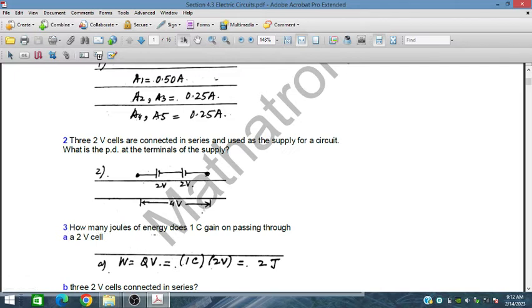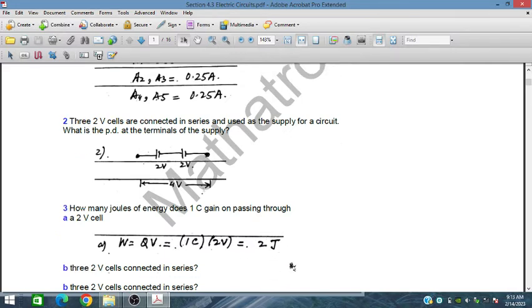How many joules of energy does 1 coulomb gain on passing through a 2 volt cell? So this is the amount of energy gained if 1 coulomb of charge is passed through a 2 volt cell. So this is a 2 volt cell, this is 1 coulomb, and 2 volt is 2 joules.